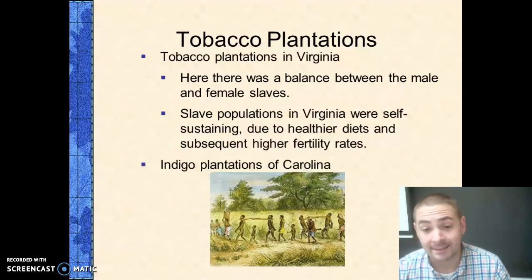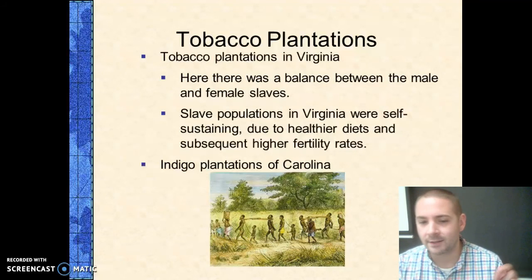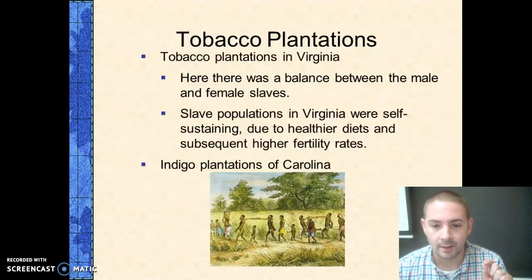Now again, we're talking maybe a 1% or 2% growth rate, but it is significant to note that it is different from South America.